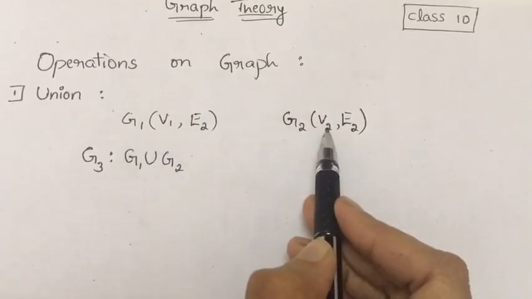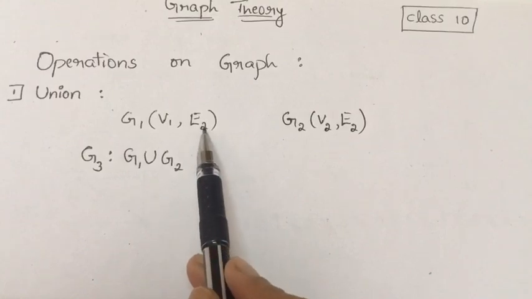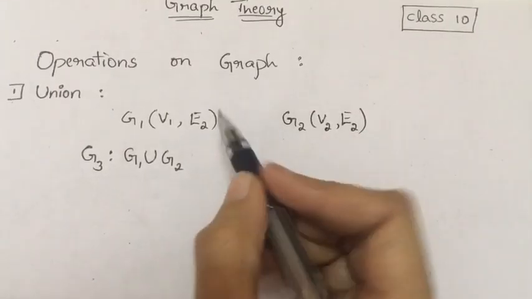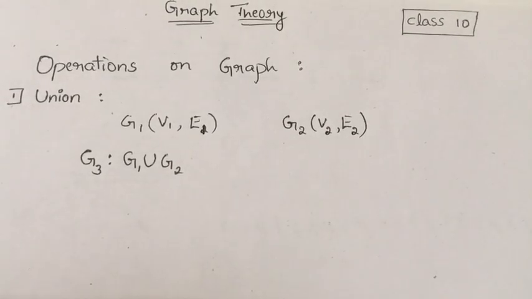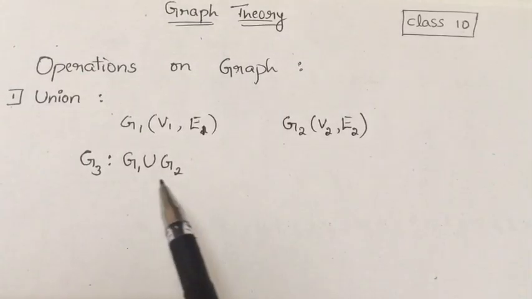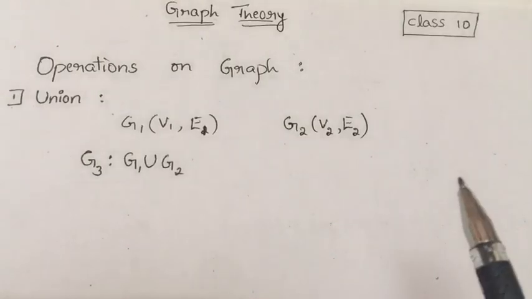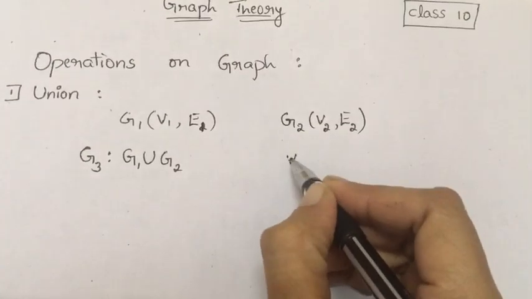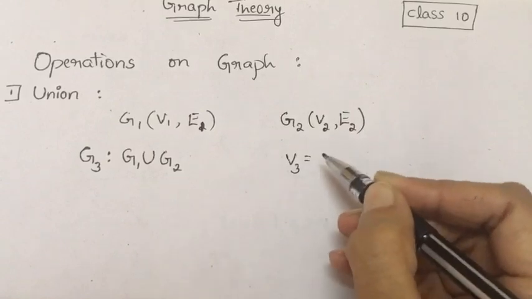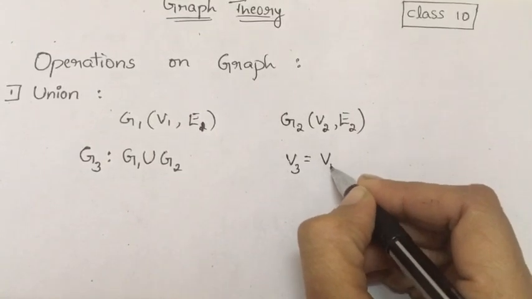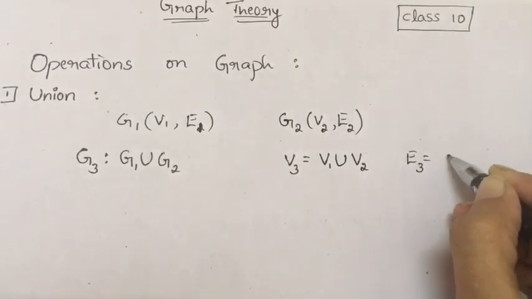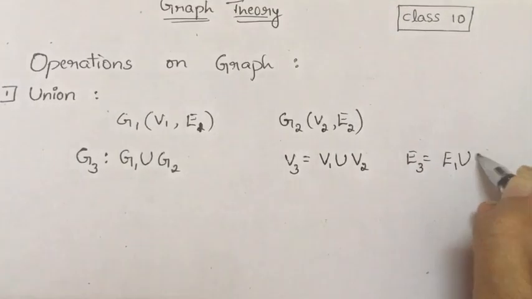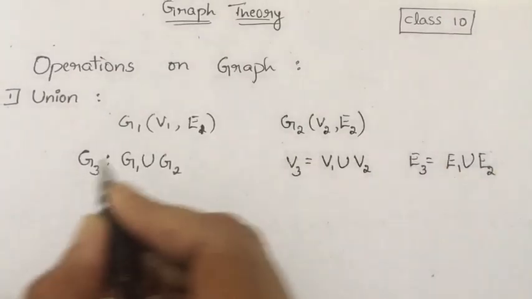vertex sets V1 and V2 and the union of edge sets E1 and E2. Union of G1 and G2 is another graph G3, which is written as G1 union G2, whose vertex set V3 is nothing but V1 union V2, and edge set E3 is union of E1 and E2.